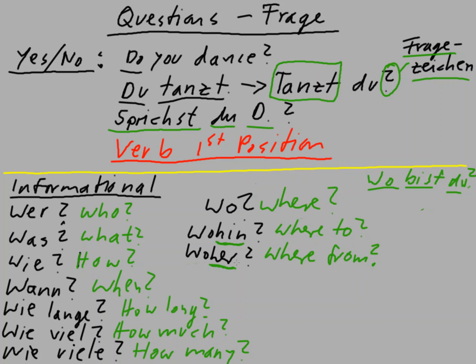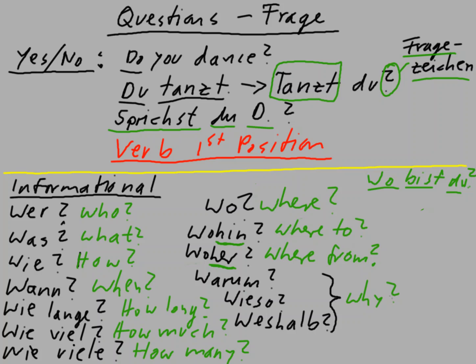And then we have a lot of words for why. But why? So we have warum, meaning why. We have wieso, means exactly the same thing. And we have weshalb, means also exactly the same thing, which is why.